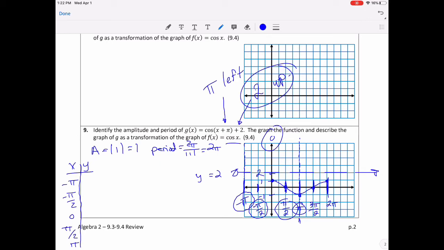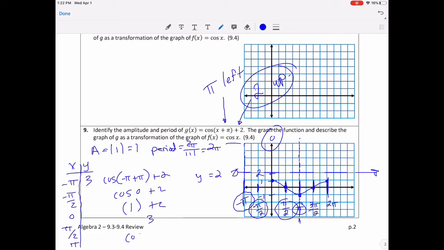All right, let's do the cosine of negative pi plus pi, plus 2. In other words, the cosine of 0 plus 2. Well, what's the cosine of 0? At 0, the x value there is 1. 1 plus 2 is 3.